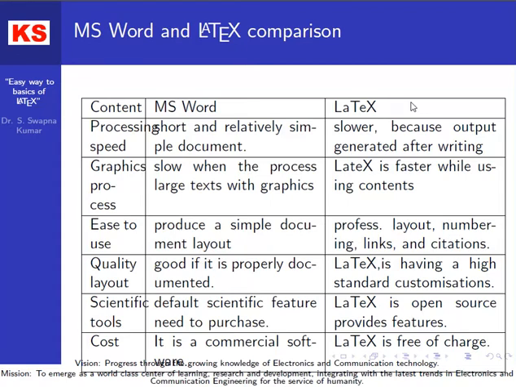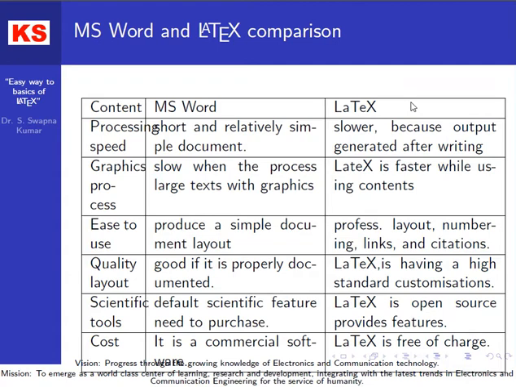It is not too slow, but we can consider it a simple document. LaTeX is basically slower, and its output is generated after writing. That means when you run a LaTeX document, it goes line by line, looks for errors, and thereby executes it.